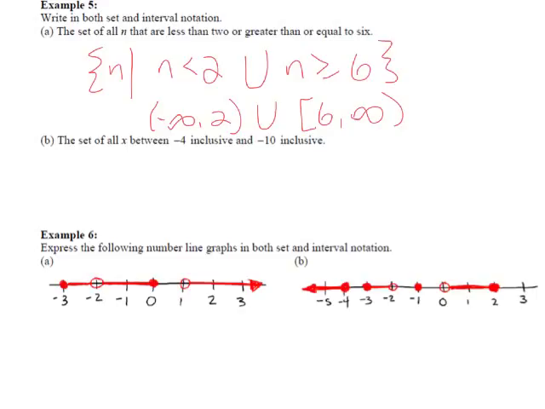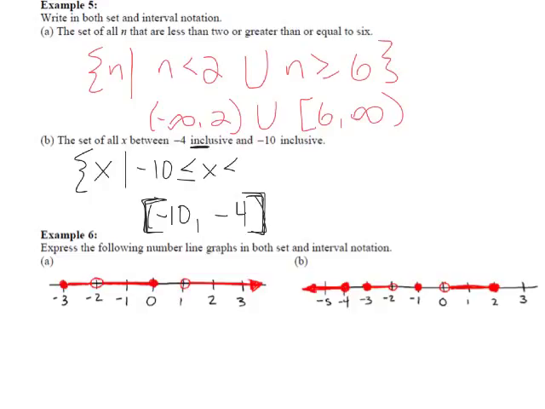The set of all numbers from negative 4 inclusive to negative 10 inclusive. This time I'm going to start with interval notation, negative 10 to negative 4. Then I check and it says inclusive, so I know I want these to be hard brackets because I'm including. And if I wanted to translate this up to set, that's the set of all x such that negative 10 is less than or equal to x is less than or equal to negative 4.